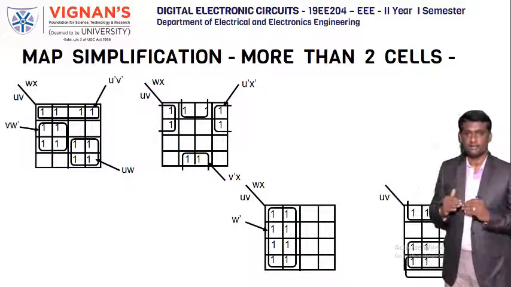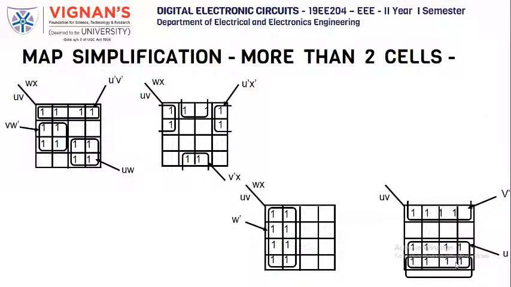Similarly, if you observe the second row and third row, those cells are merged because the second row and third row also have 1 bit difference, and the corresponding cells which are possible to merge have ones in them.